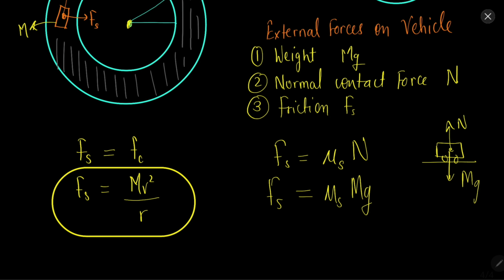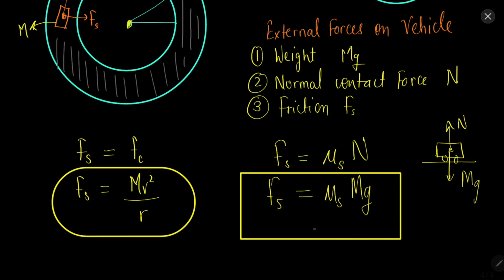So N is equal to mg. So ultimately we have these two formulas. This is the maximum value of static friction, the maximum friction that the road can provide to the tires.